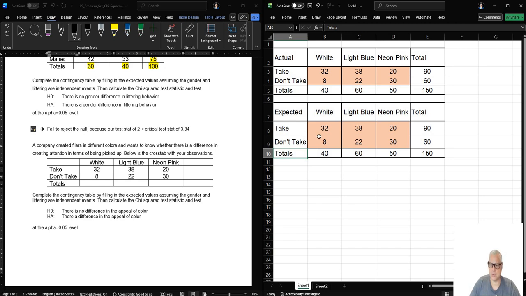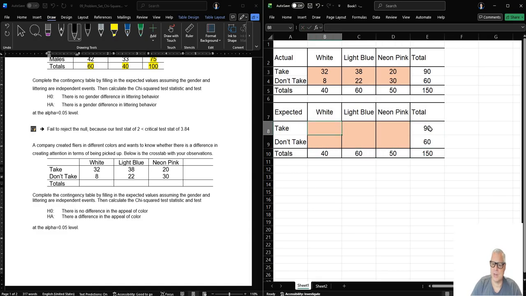How many rows? 1, 2. So 2 times 1, that's 2. And so what is again the expected? So the expected, I just enter that manually again, 90 and 60.